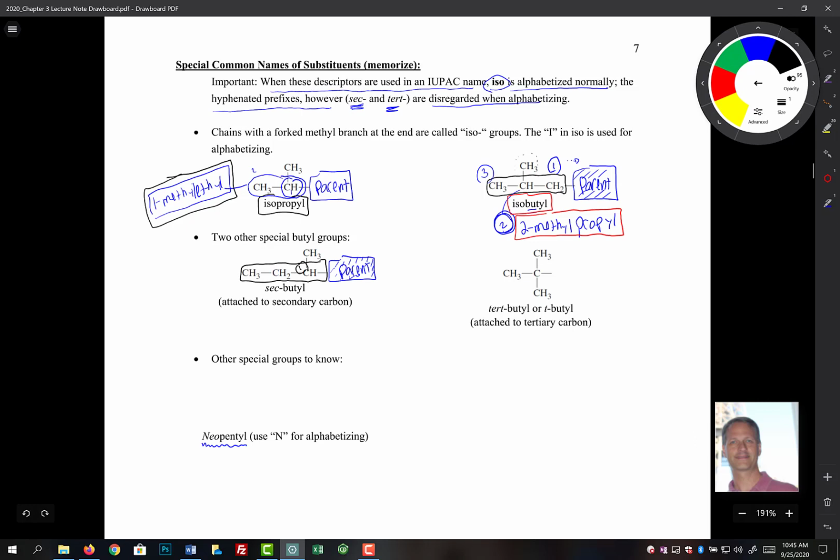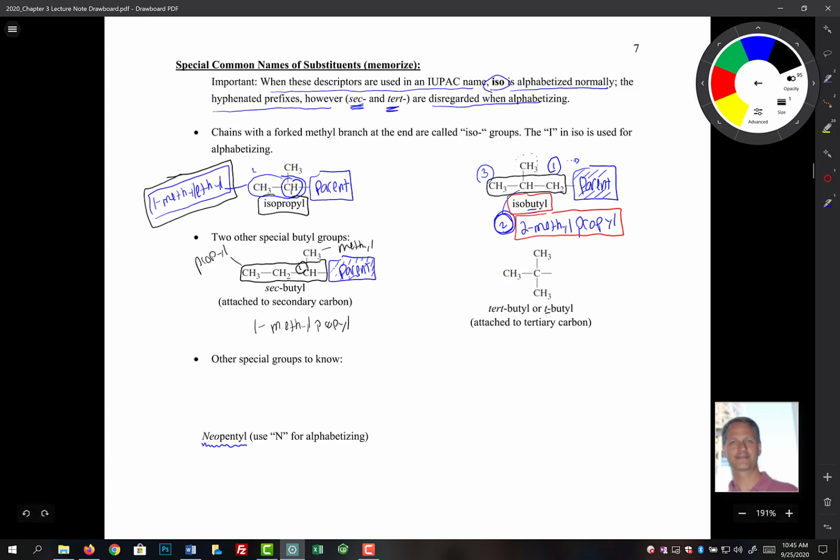So that's 3 carbons long, so that's a propyl. And then off of carbon 1, we have a methyl. So this is a 1-methylpropyl.